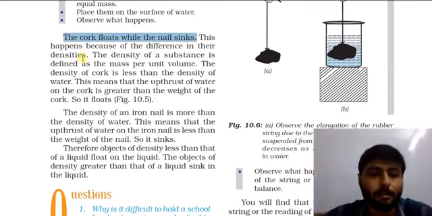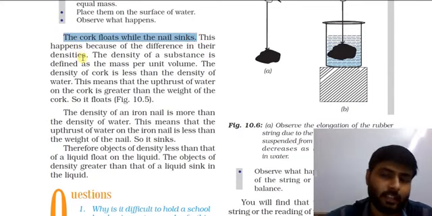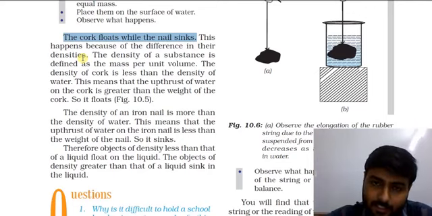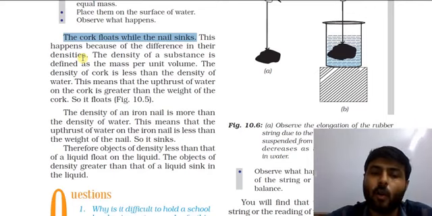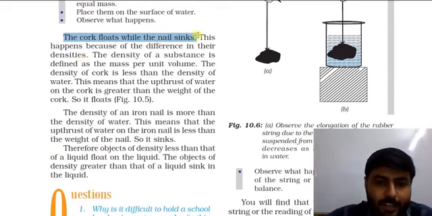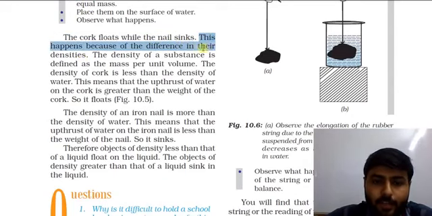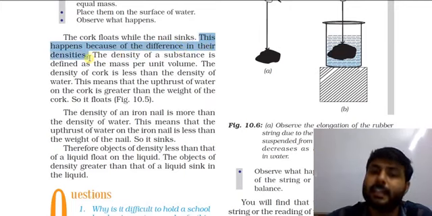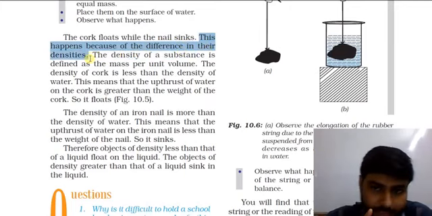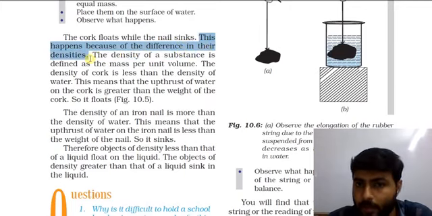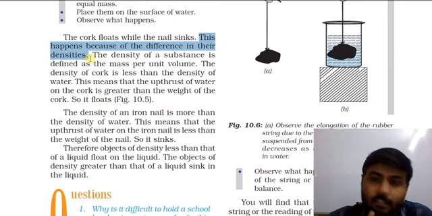This happened because of the difference in their density. We have another reason here why the cork floats while the nail sinks: it happens because of the difference in their densities. Because the density of wood or cork and the density of iron are different.